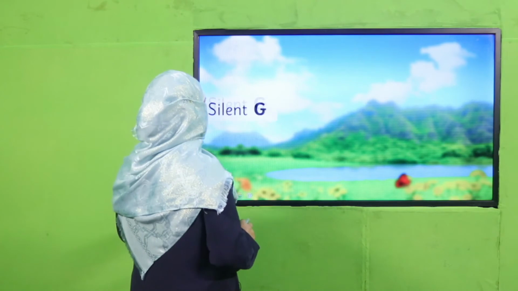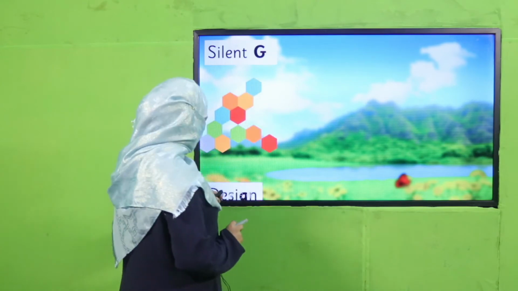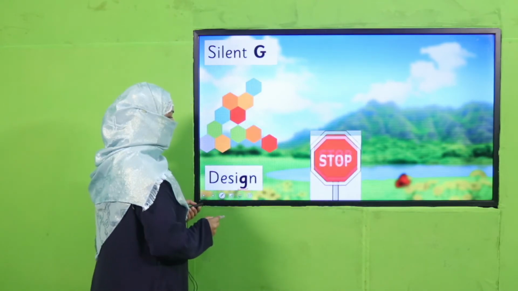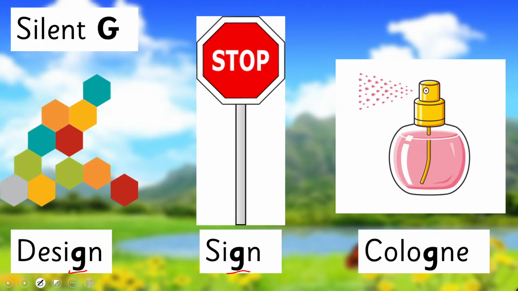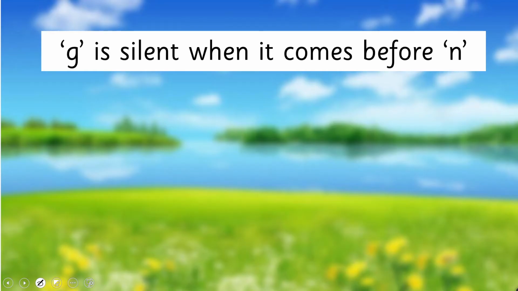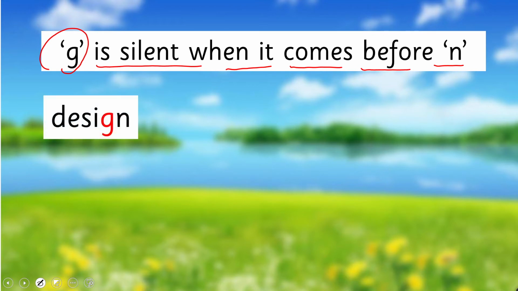The next situation may be when G is silent, and here are the examples. Design, you know what it means? And sign and clone. In all these words, again, G is silent. Why? Because of the rule we just learned, because G is followed by N. There are more words for this rule.